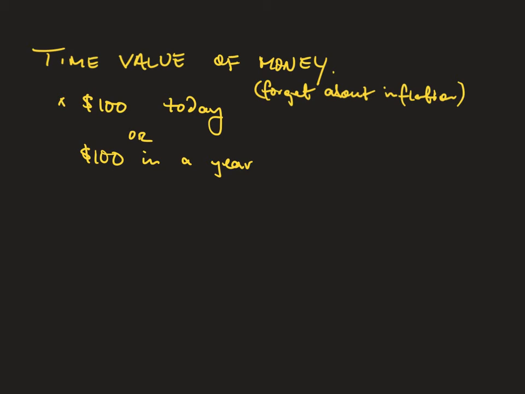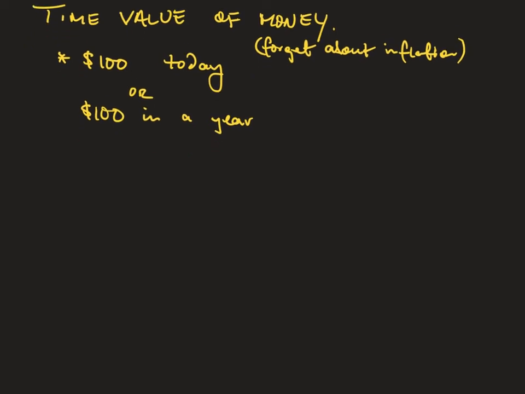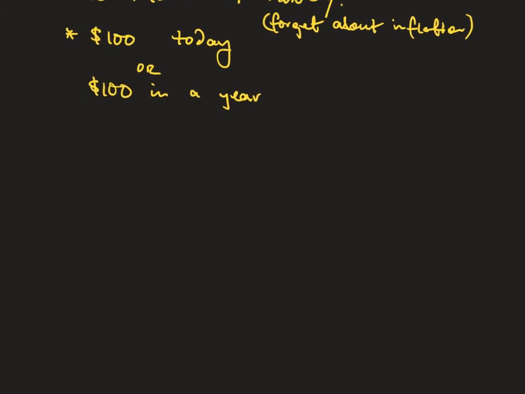Generally, the answer is pretty simple. Today is better than tomorrow. Today's better than in a year. Regardless of when exactly you want to consume it, it's better to get the money today than in a year.